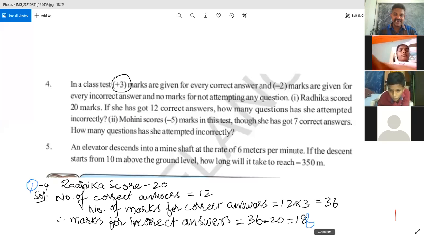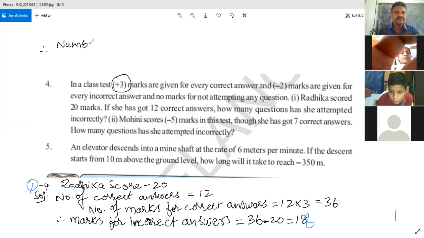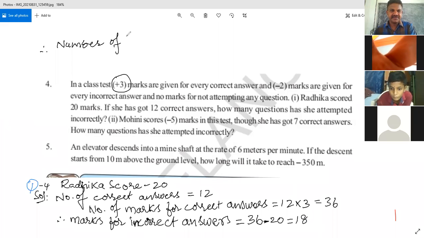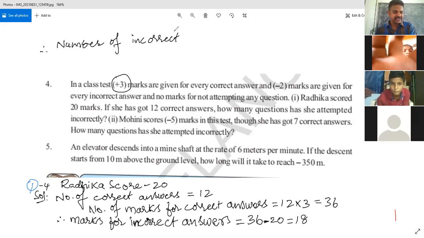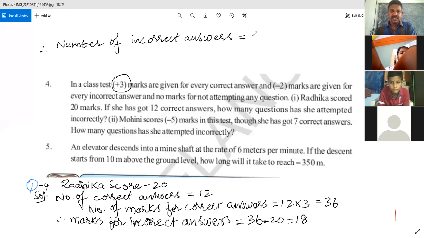So what is the number of incorrect answers? Therefore, marks for incorrect answers equals 18, and each incorrect answer gets minus 2 marks.